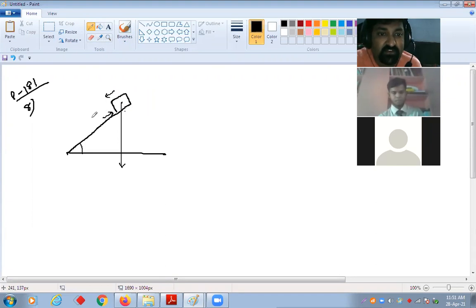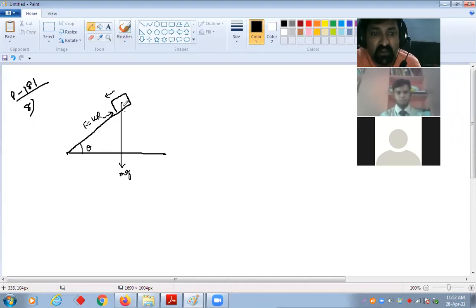And this is the frictional force, F is equal to mu R. And this is the force due to its weight, mg.